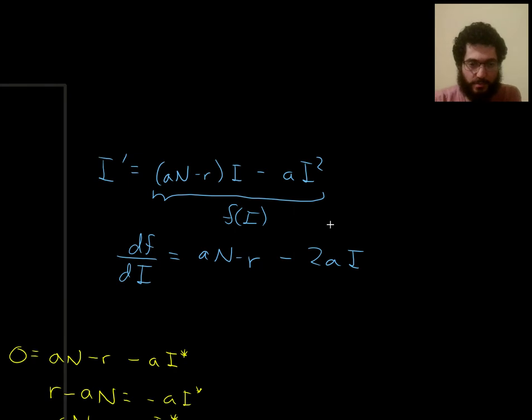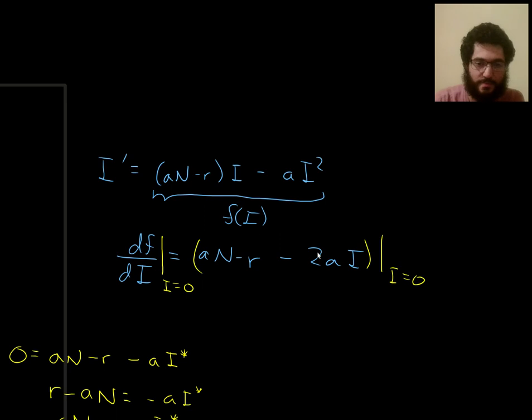So for that, I will plug in I equals 0. Plugging in I equals 0, and I'm writing that in yellow to indicate that I'm putting in a critical point here, that's an minus r.